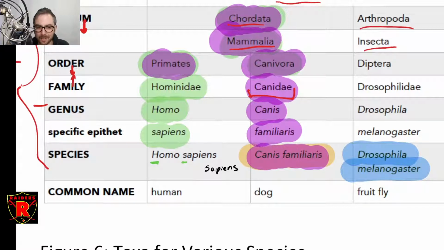And that being said, we even classify all domesticated dogs into the same species. We call them all Canis familiaris. You can take a Chihuahua and you can breed it with a greyhound or a Doberman or some other ridiculous combination. Now, you may run into some problems in terms of the offspring fitting.